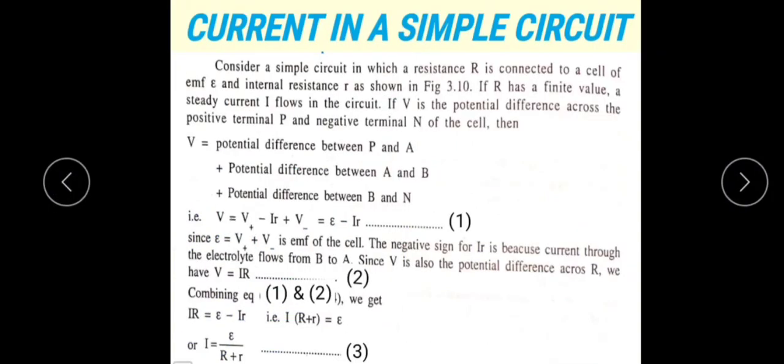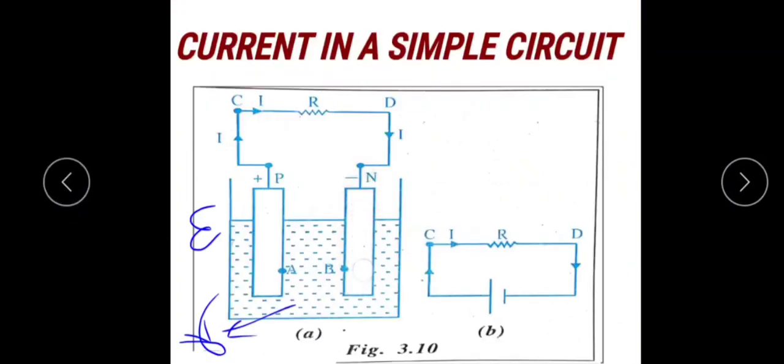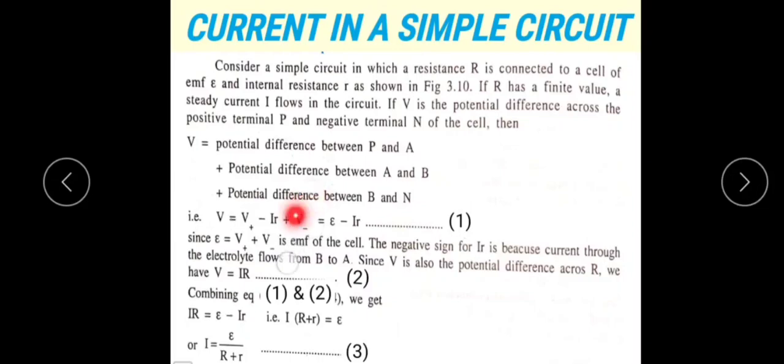Then another one, the potential difference across B to N, is considered as minus V. One more definition is there, the definition of EMF. According to the definition of EMF, the potential difference between the positive and negative electrode of a cell is called EMF.